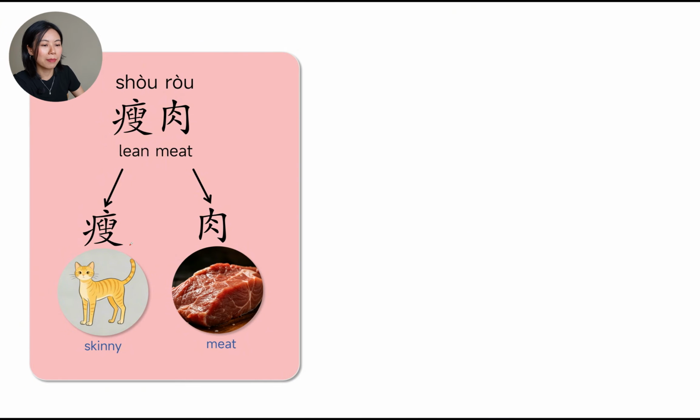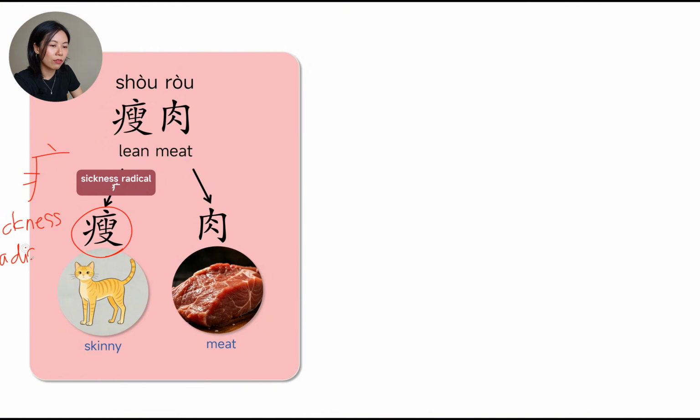A funny thing to talk about is the 瘦. This is a sickness radical. It's also a very important radical in the Chinese Hanzi system. Because you can imagine, if someone got sick, he probably will get skinny, right?